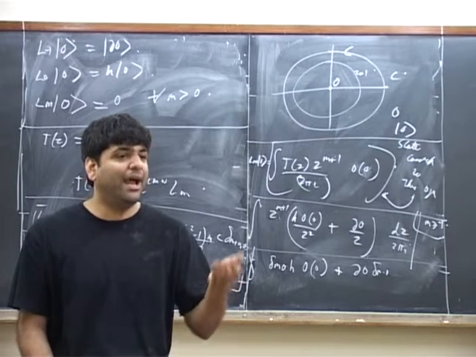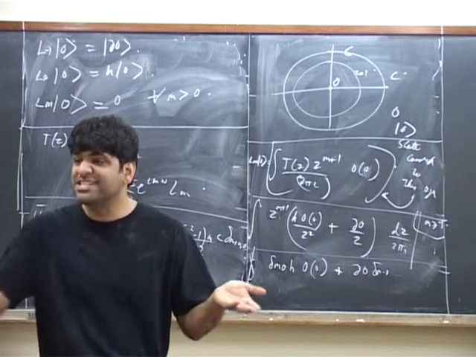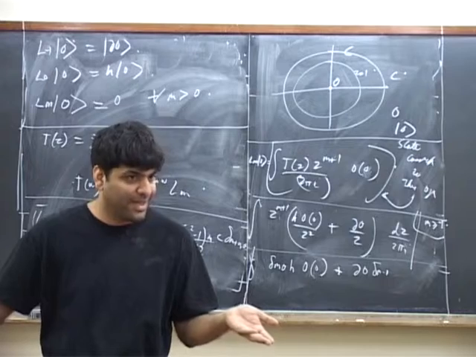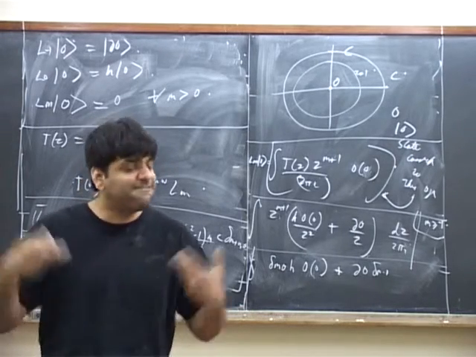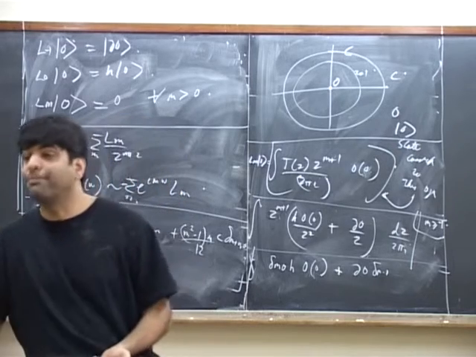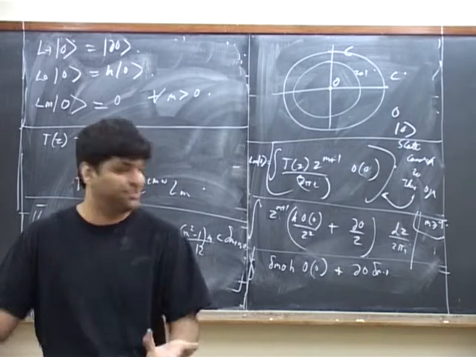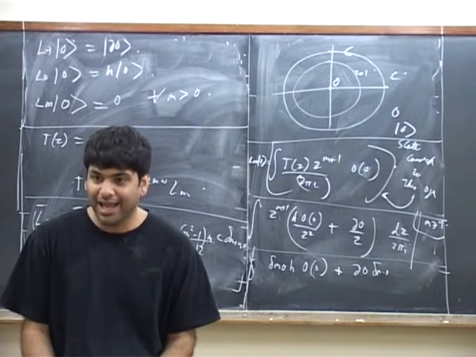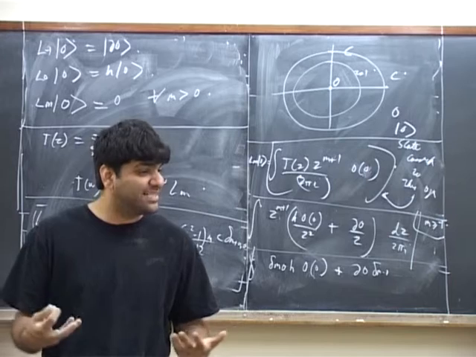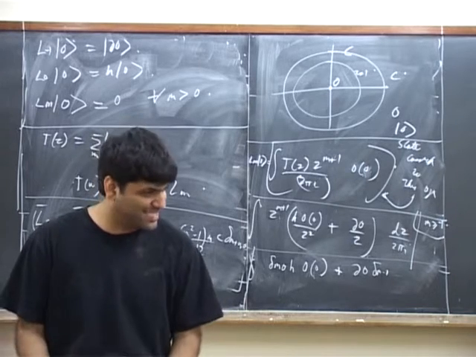So there must be a class of distinguished states in the theory whose energies cannot be lowered further by the operation of the symmetry algebra. We've seen that such states are exactly primary states.